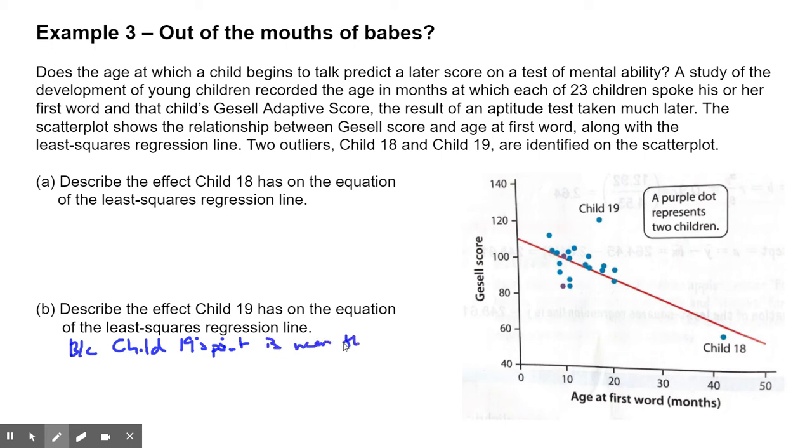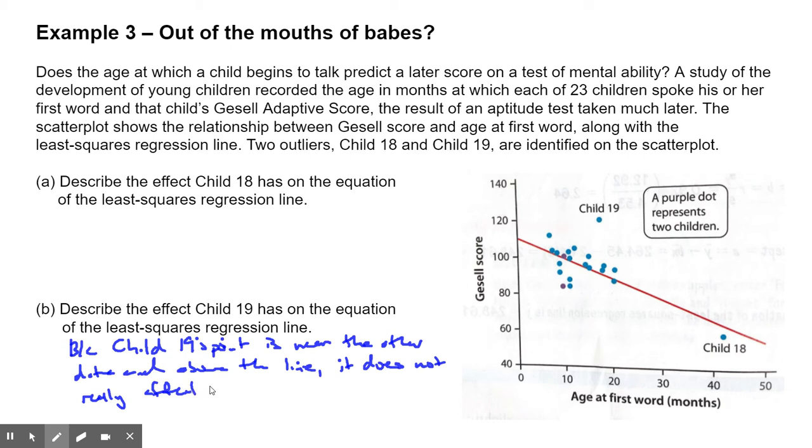Because child 19's point is near the other data and above the line, it does not really affect the slope of the regression line, but increases the y-intercept.